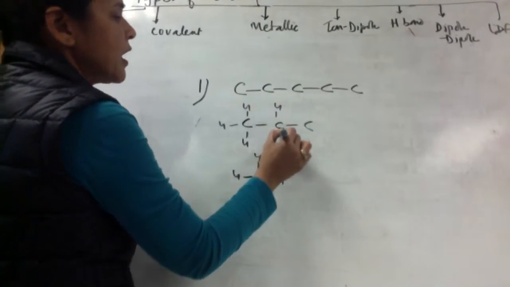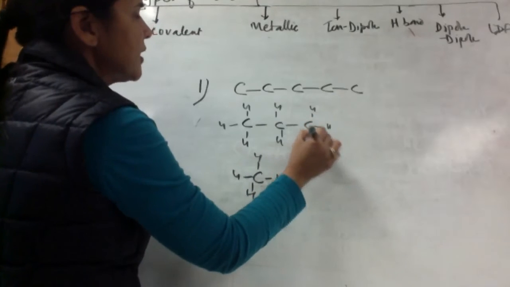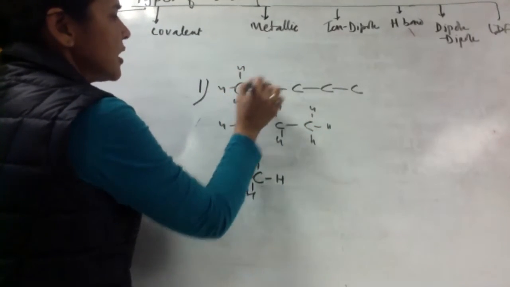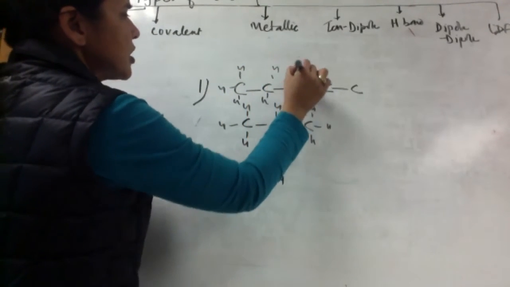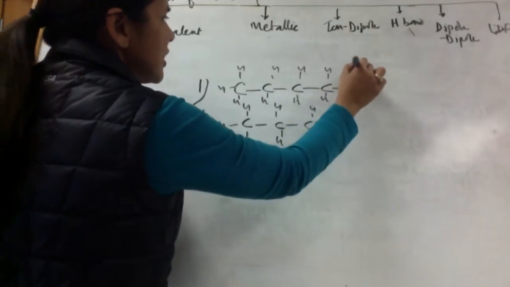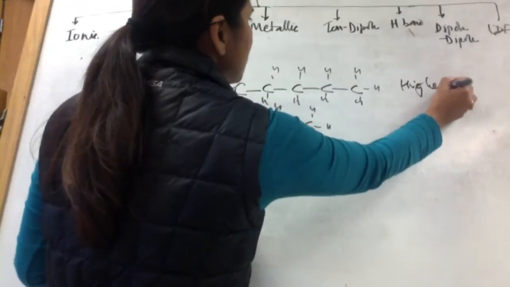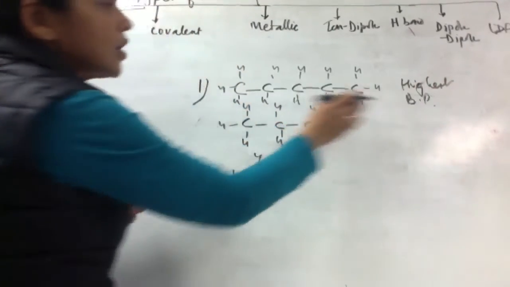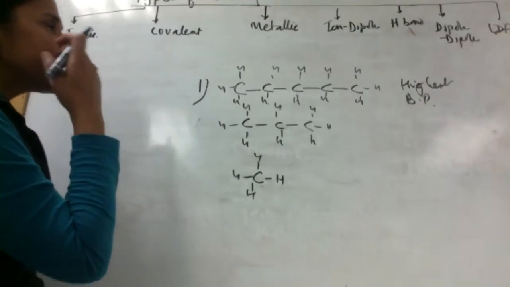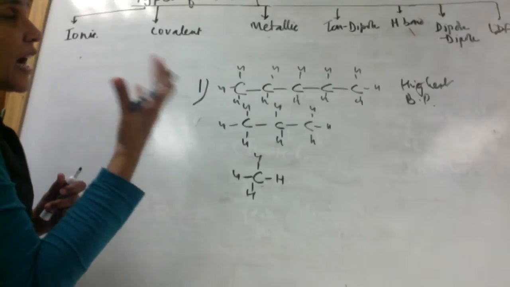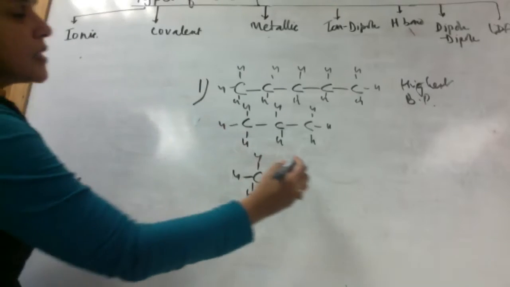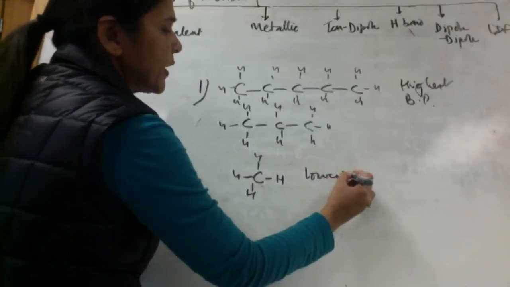Remember, every carbon needs 4 bonds, so you keep drawing H. This one will have the highest boiling point because this is the longest carbon chain, most molar mass, highest distortion, right? This one will have the lowest boiling point.